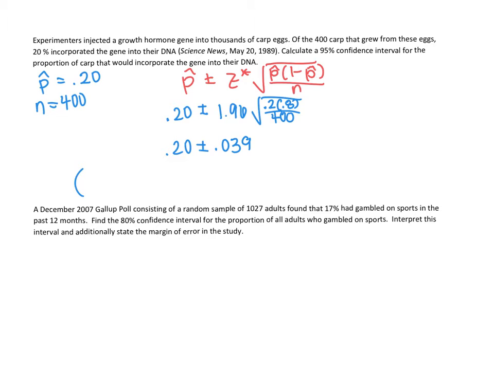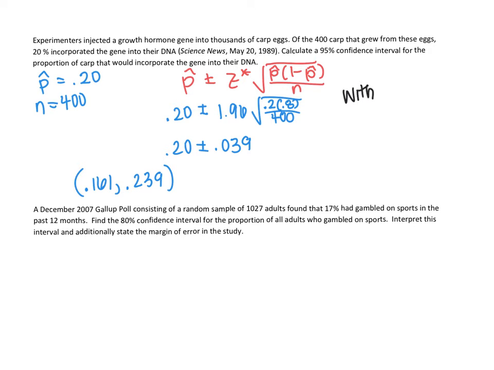So our lower value is going to be 0.20 minus 0.039, which is 0.161. And our upper value is 0.20 plus 0.039, which is 0.239.